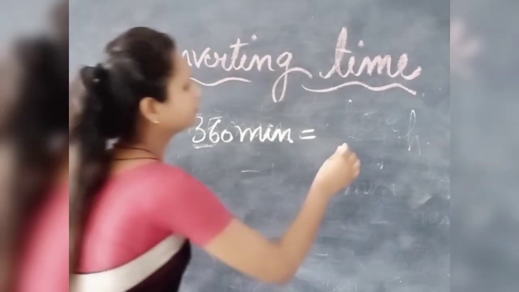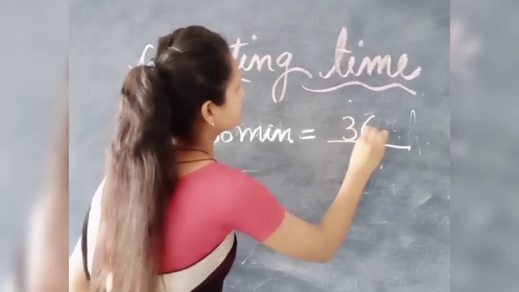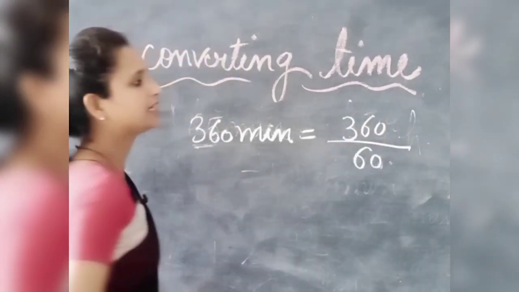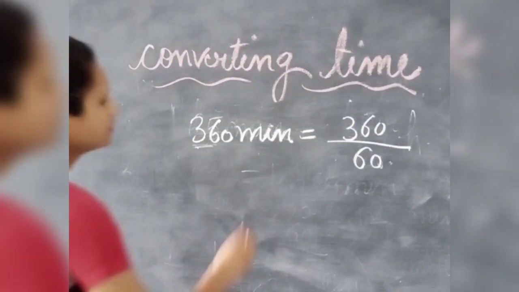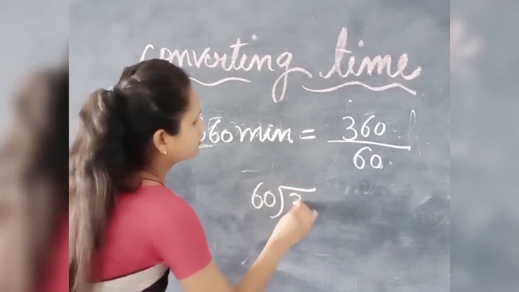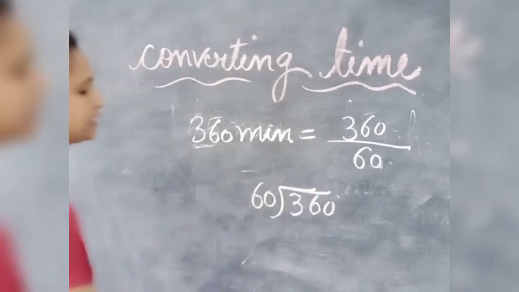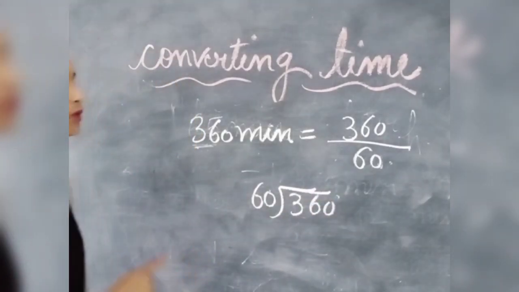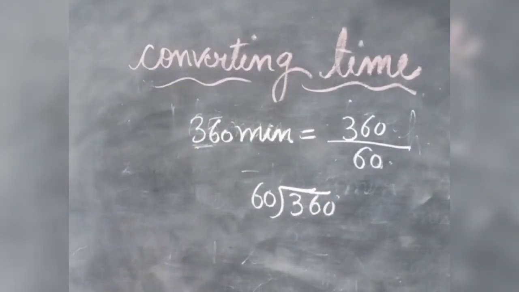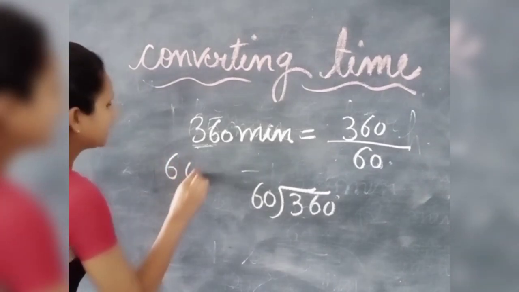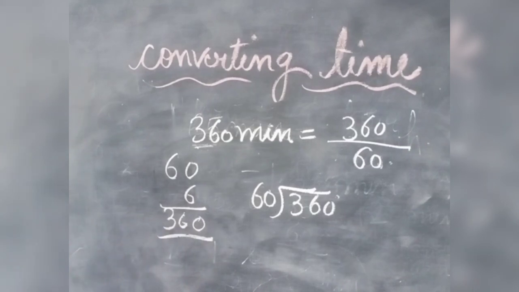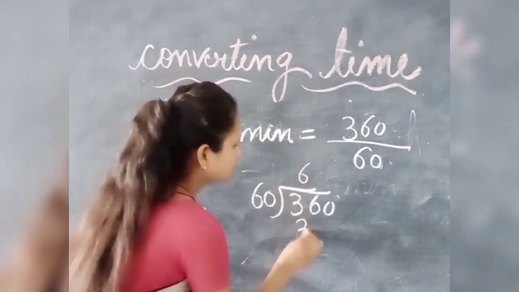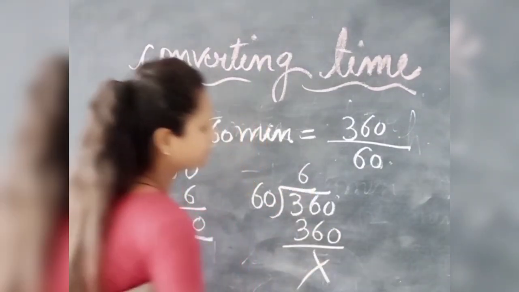So for that we have to divide 360 by 60. 60 ones are 60, 60 twos are 120, 6 sixes are 36, so 60 sixes are 360.